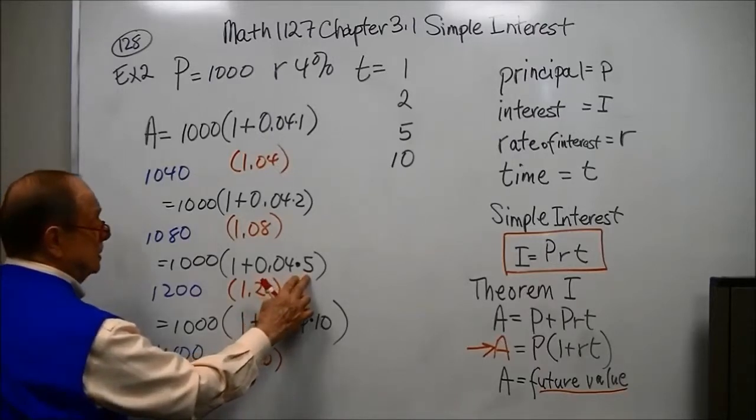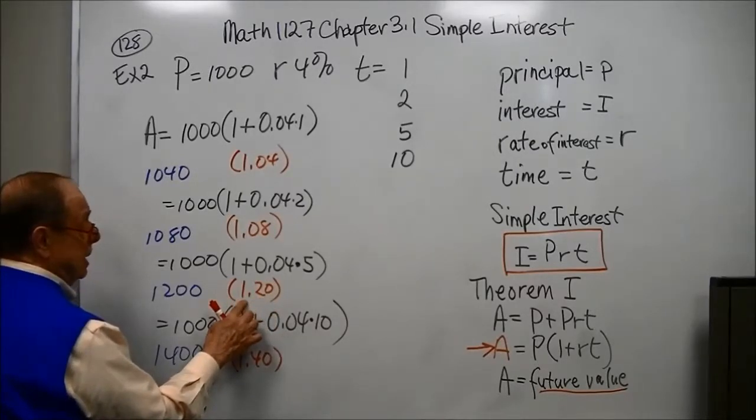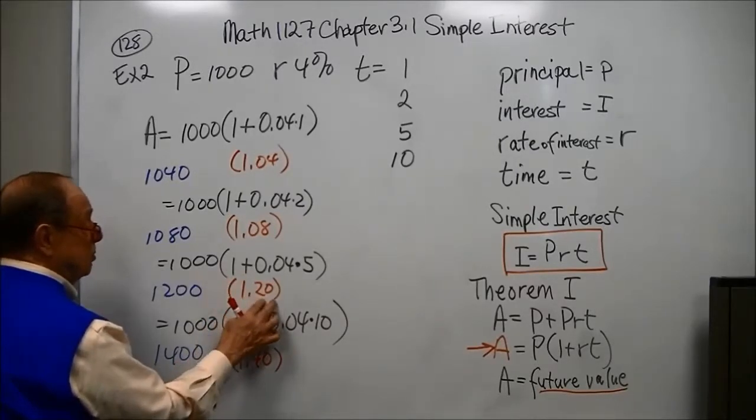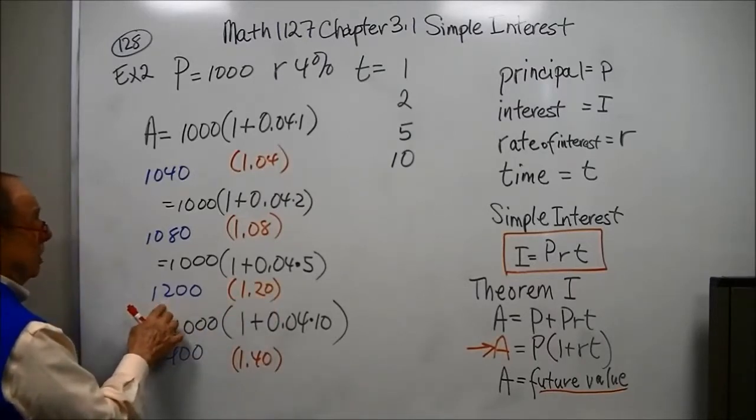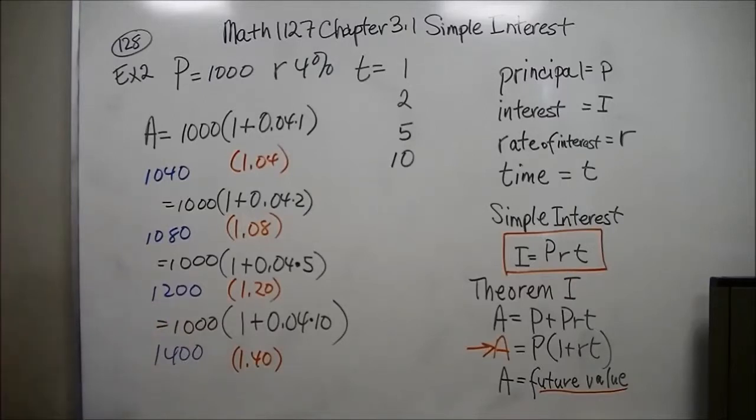After 5 years, the interest is now building up. This would be 20%, and plus the 1 makes it 1.20. Multiply it by 1,000, and you get 1,200.